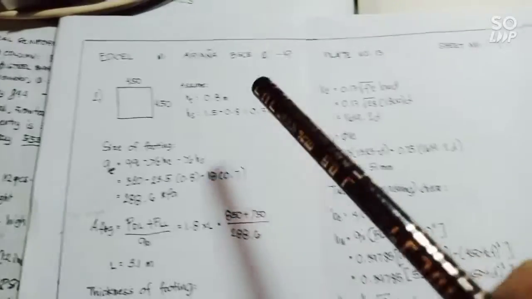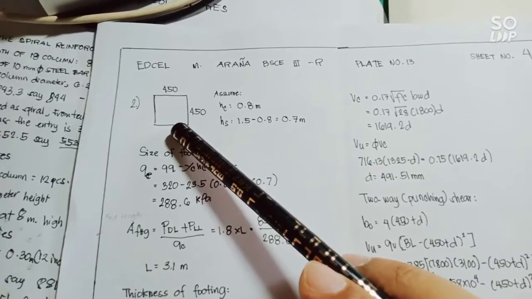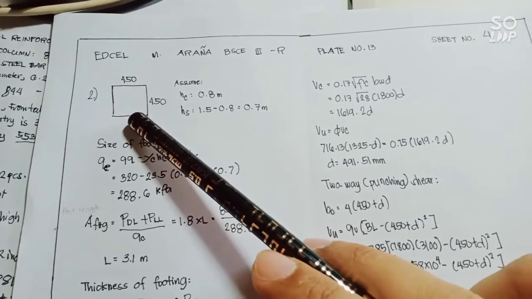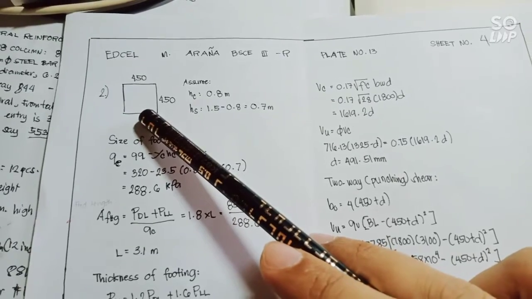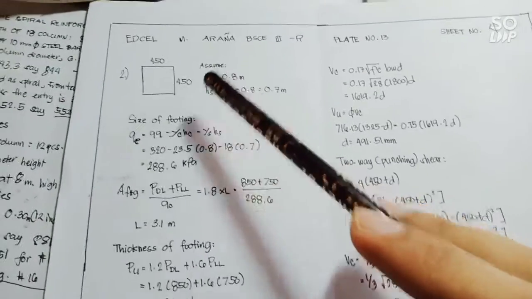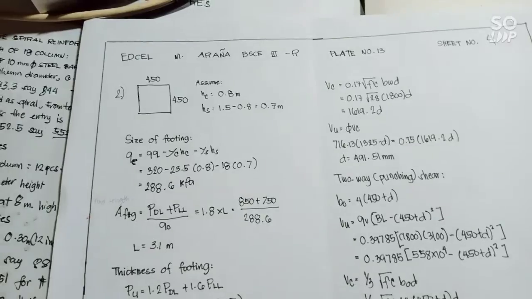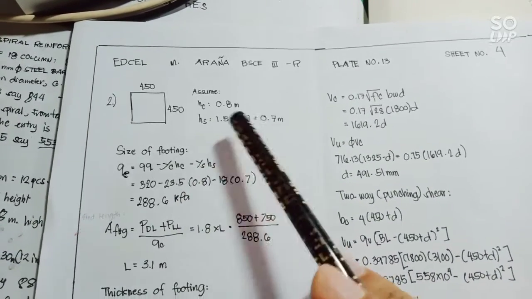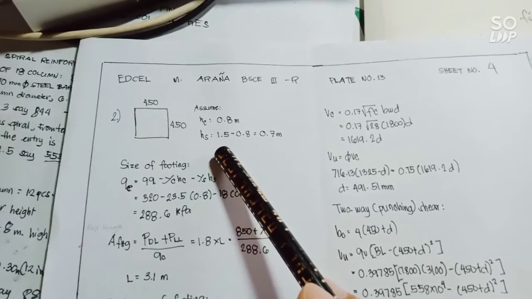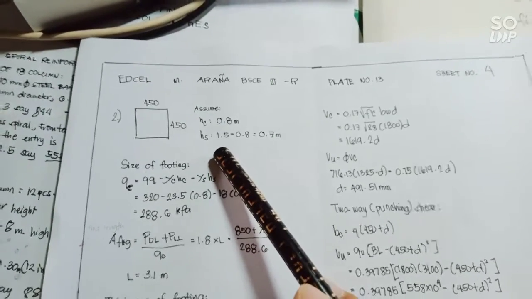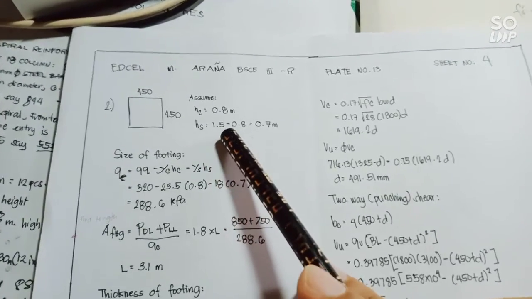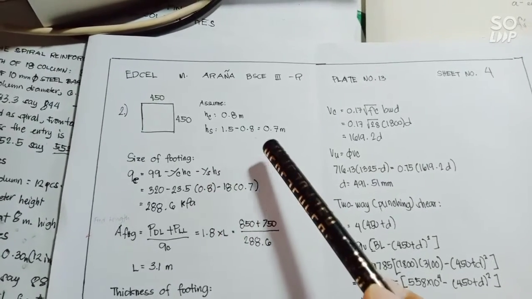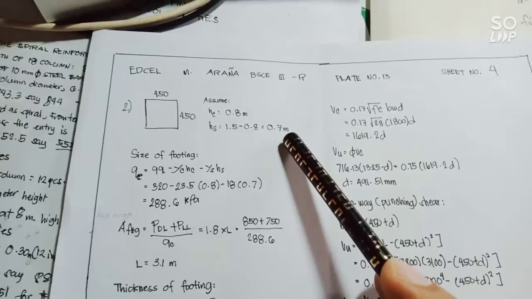So this is the figure of the column size, which is 450 times 450 millimeter, and then we will assume that the total depth of footing, which is HC, is equal to 0.8 meter. Then the HS, which is the height of the soil above the footing, is 1.5 minus 0.8. So our HS now is equal to 0.7 meter.